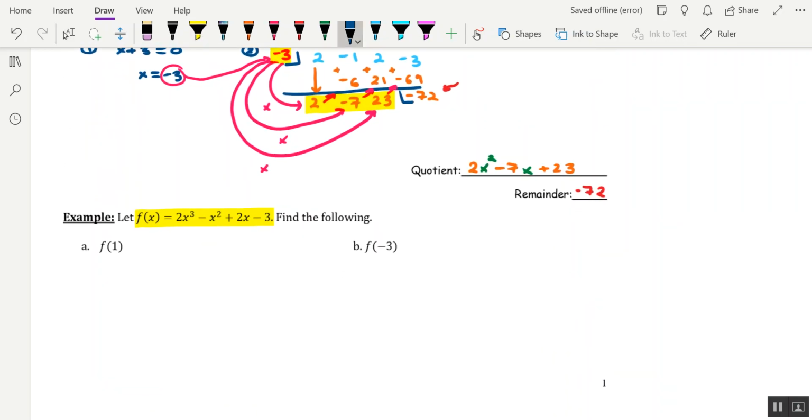So check this out. If we plug 1 into this function, that's 2 times 1 cubed minus 1 squared plus 2 times 1 minus 3. This simplifies as 2 minus 1 plus 2 minus 3. It's 1 plus 2 minus 3, which is 3 minus 3. And ultimately we get 0.